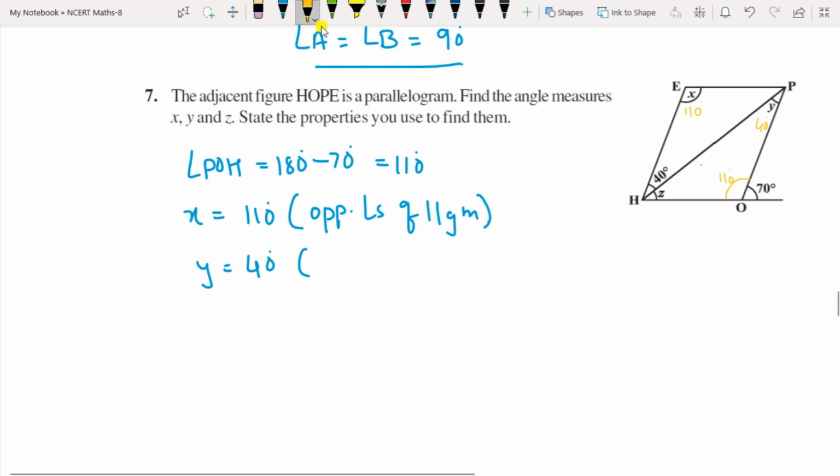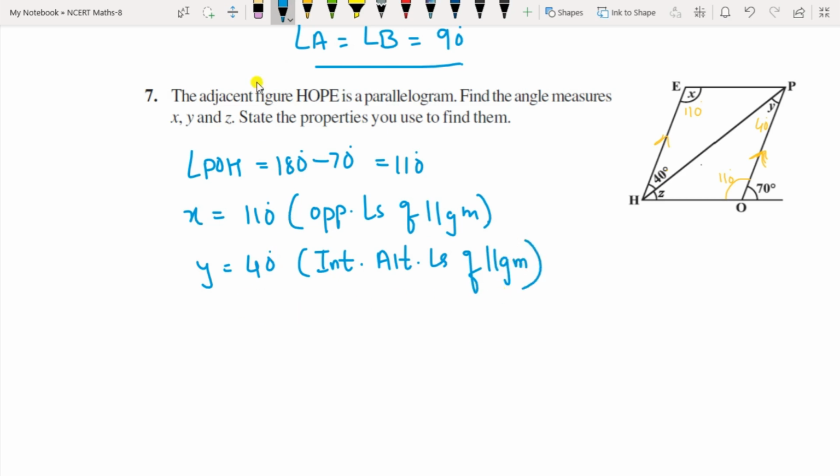The reason is, you can see, if this is parallel to this, it is forming a Z here. Okay, so the reason is interior alternate angles of a parallelogram. Okay, then Y equal to 40 you got.